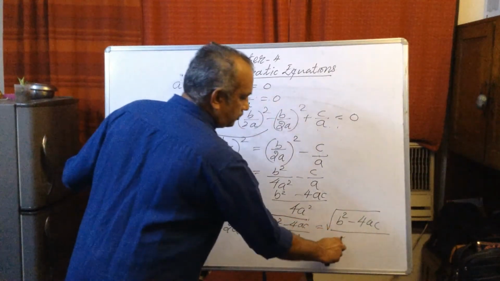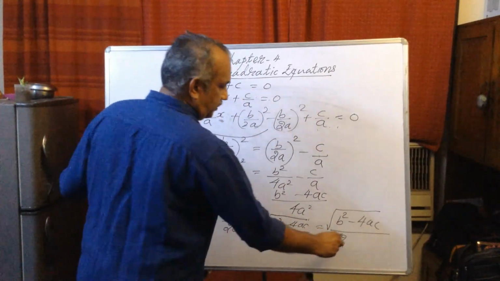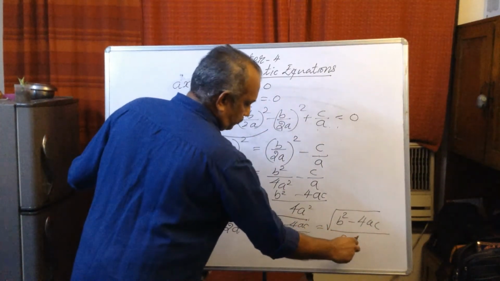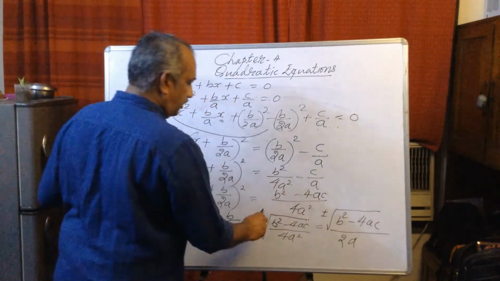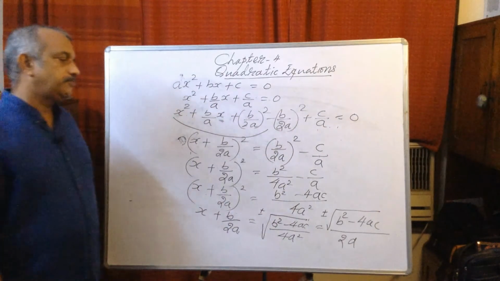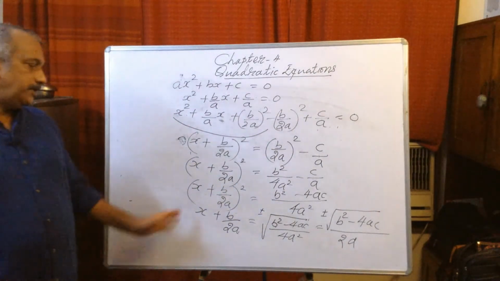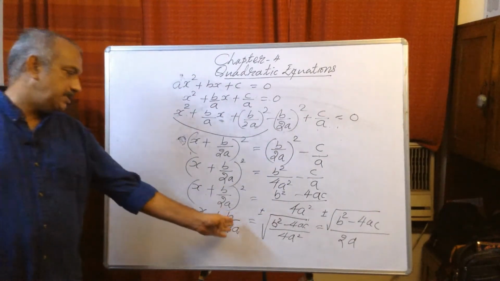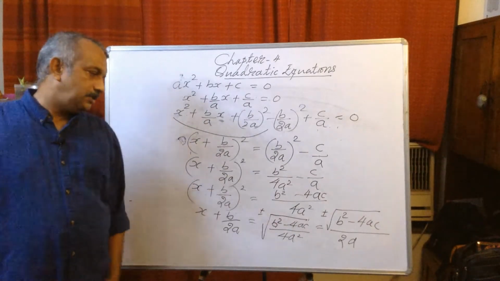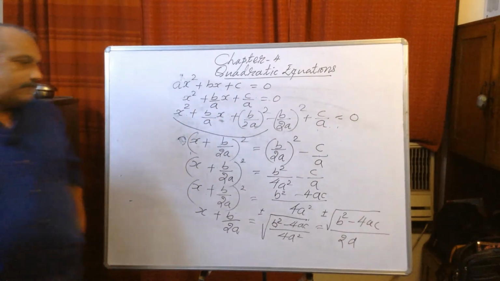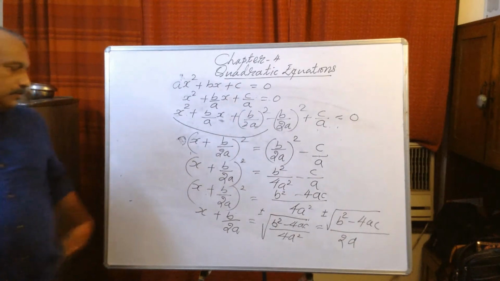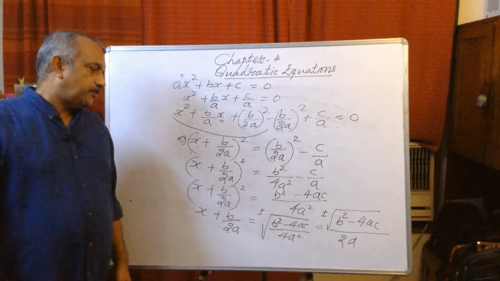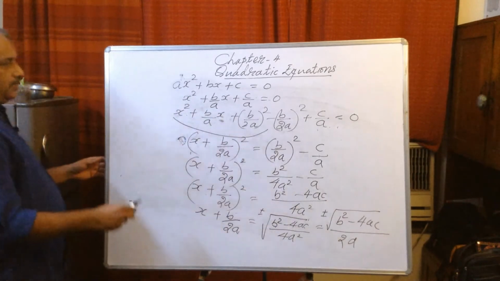Square root of 4 is 2 and square root of a square is a, so plus or minus, whenever we take square root we have to put plus or minus. So we are getting x plus b upon 2a is equal to plus or minus square root of b square minus 4ac upon 2a. So if we take this b upon 2a to the other side, that is the answer.